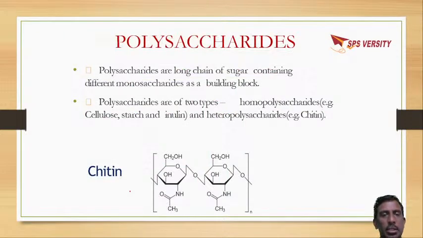So after proteins, we are going to discuss polysaccharides. Poly means many. It is made up of many sugar units. It is a long chain of many sugar units, that is, they are made up of many monosaccharides. There are 2 types of polysaccharides.